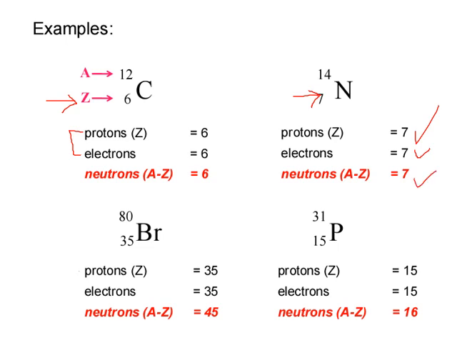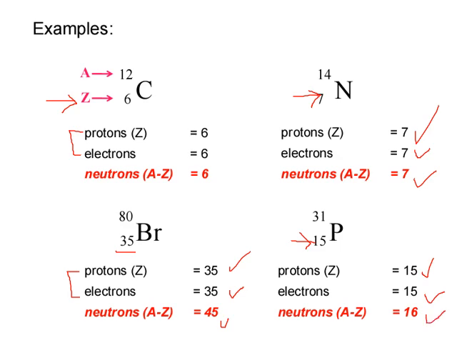For bromine, proton and electron are 35, so both are 35, and neutron is 80 minus 35, which is equal to 45. For phosphorus, proton and electron are 15, so 15 for both, and neutron is 31 minus 15, which is equal to 16.